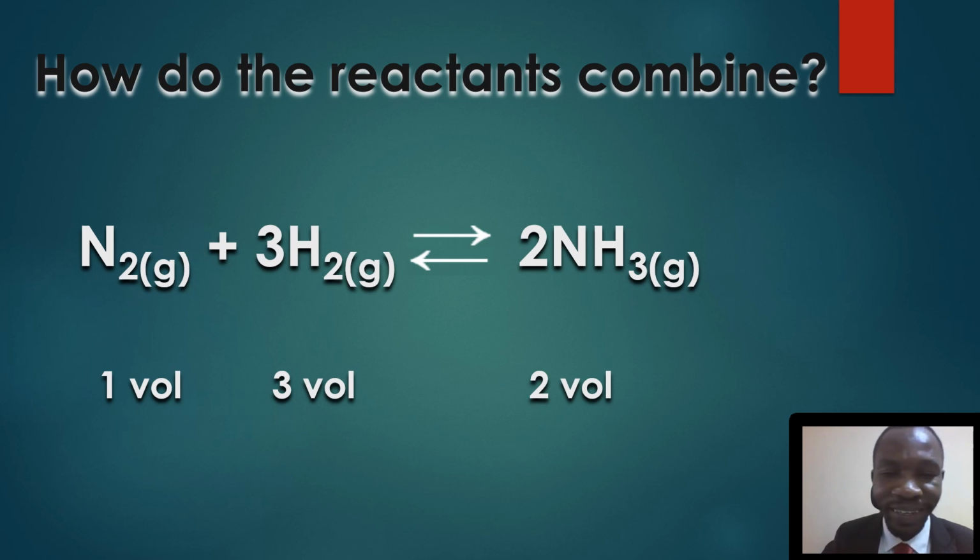Now, these reacting volumes translate to the mole ratios. So another example is when you take 1 mole of nitrogen, it will react with 3 moles of hydrogen to form 2 moles of ammonia. So those are the reacting volumes, the amount of nitrogen that is required to react completely with the hydrogen gas. When you have 1 mole of nitrogen, you need 3 moles of hydrogen gas, and it will give you 2 moles of ammonia.